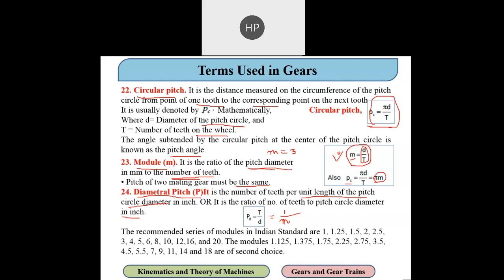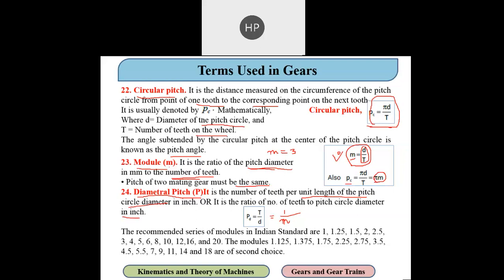Okay, so these three equations are interrelated with each other, and that will create confusion when you solve problems, because all the data will be given in this form: PC, PD and module.